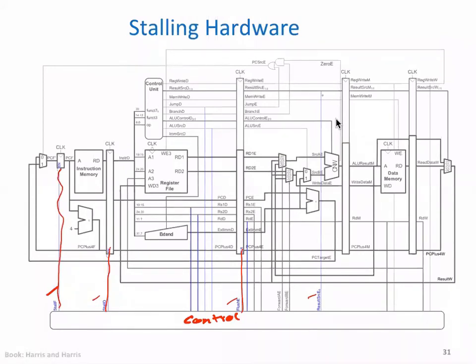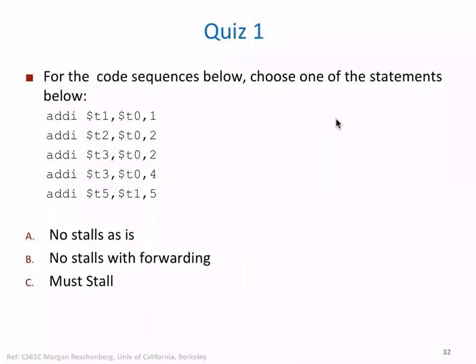Of course, we can use a combination of stalling as well as forwarding. We have seen examples of all of these. Now I have to ask you a very simple question. Look at this code sequence and tell whether there is a stall or there is no stall, and if there is a stall, can we solve it with forwarding?